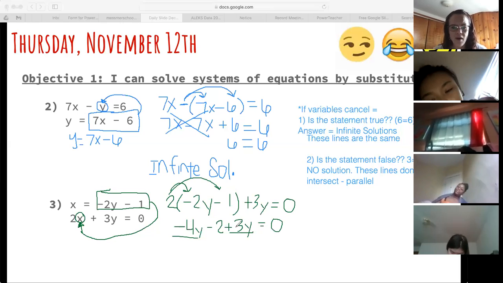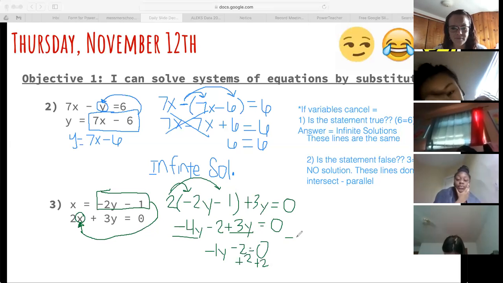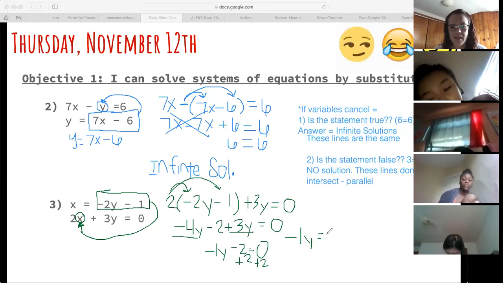So negative 4y plus 3y gives me a negative 1y minus 2 equals 0. I'll add my 2. So I'll have negative 1y, bring it over here, negative 1y equals positive 2. And then I have to divide by negative 1. I won't go all through that step. So now y is equal to negative 2.